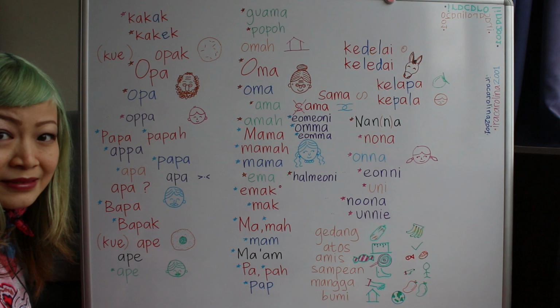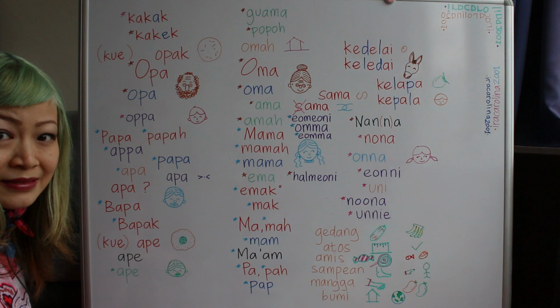Emak or mak, mother. I put pink circle here because most of the time I thought this is a formal word instead of this one. And then I checked the dictionary, the Big Dictionary of Indonesian Language or KBBI.